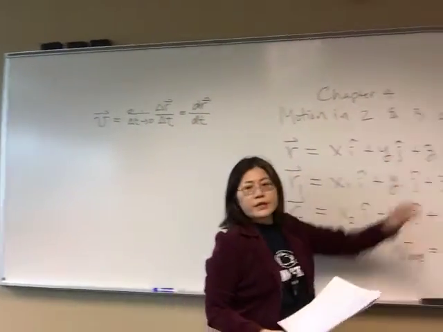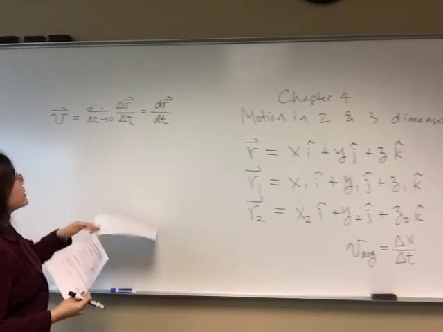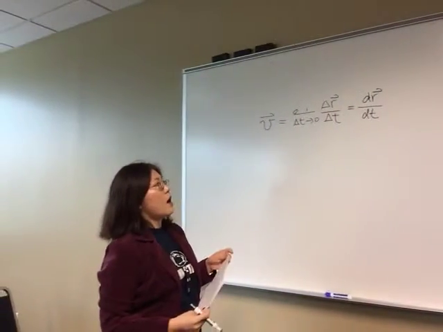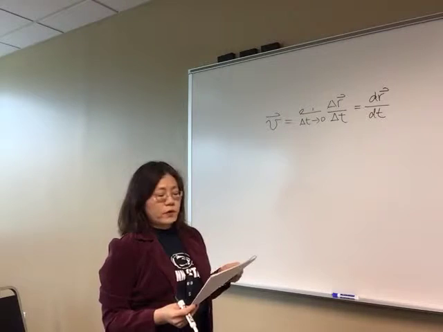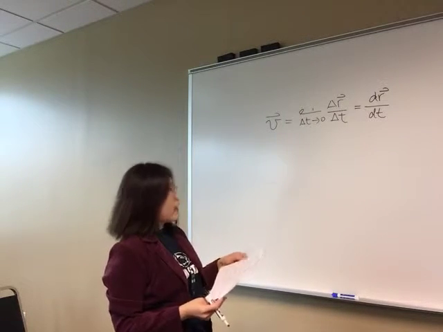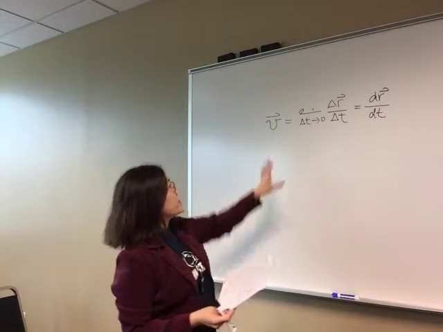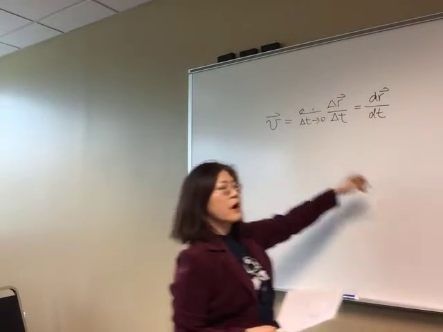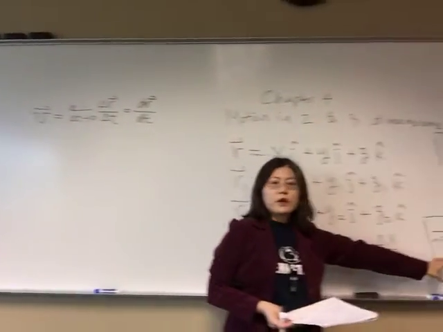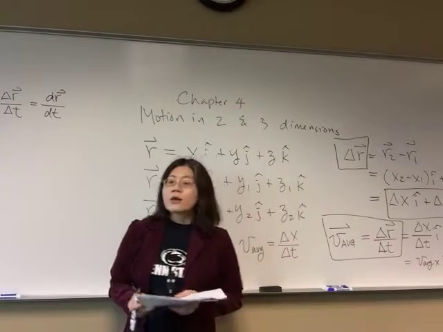You have your x, y, z components. So you're going to take the time derivative of each component. So that is that. Now, this is what we call the instantaneous velocity, and this is the average velocity. So what about acceleration?